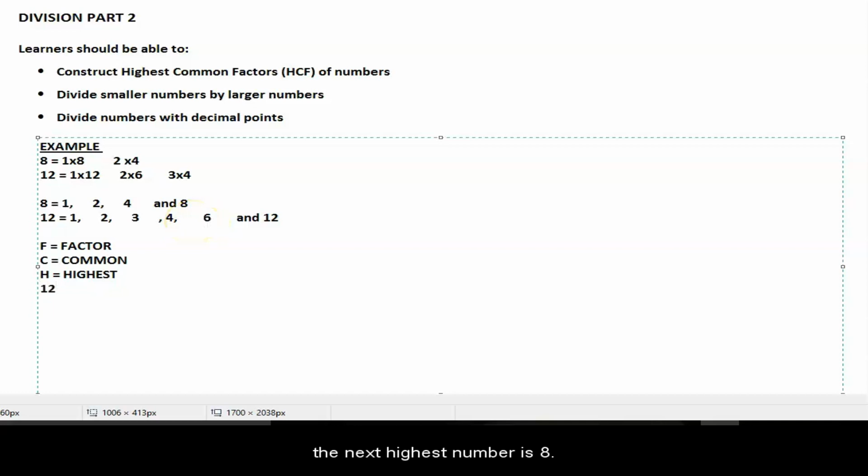The next highest number is 8. But it is not a factor of 12. 8 is among the list of factors of 8, but it is not among the list of factors of 12. The next highest number is 6. But 6 is only for 12 and not 8. The next highest number is 4.